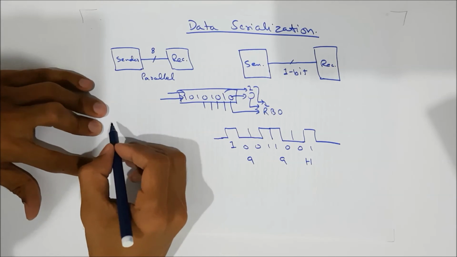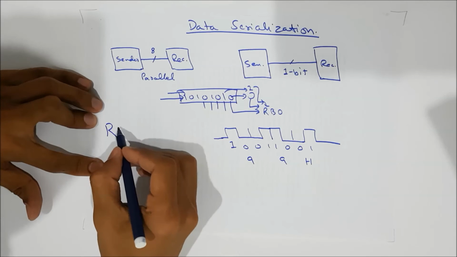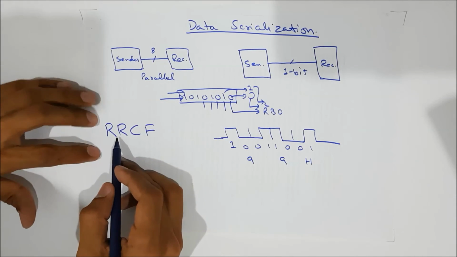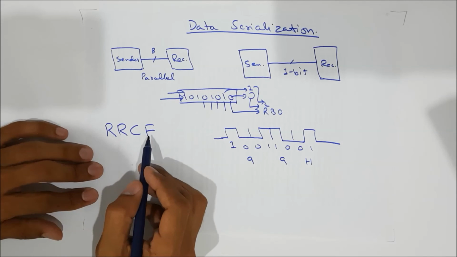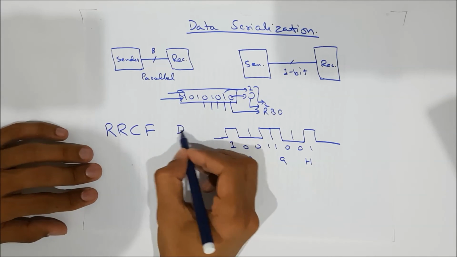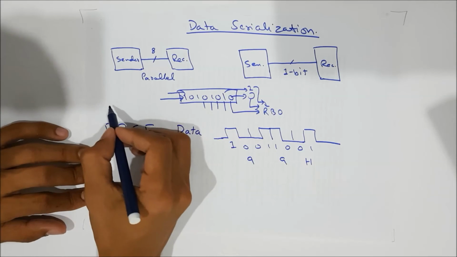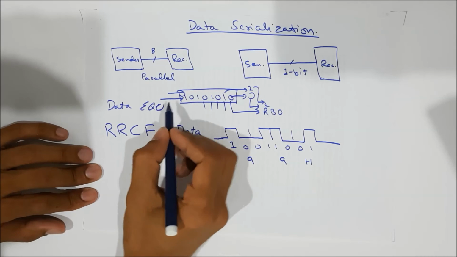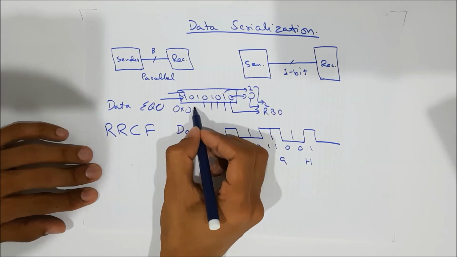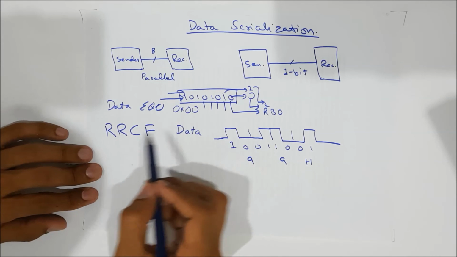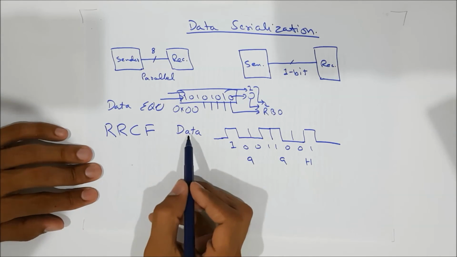In PIC microcontroller, we have an instruction RRCF, rotate right with carry a file register. Let's say file register data, which I have equated to location number 0x00. So I have some data placed at location 0 and I rotate it through carry.